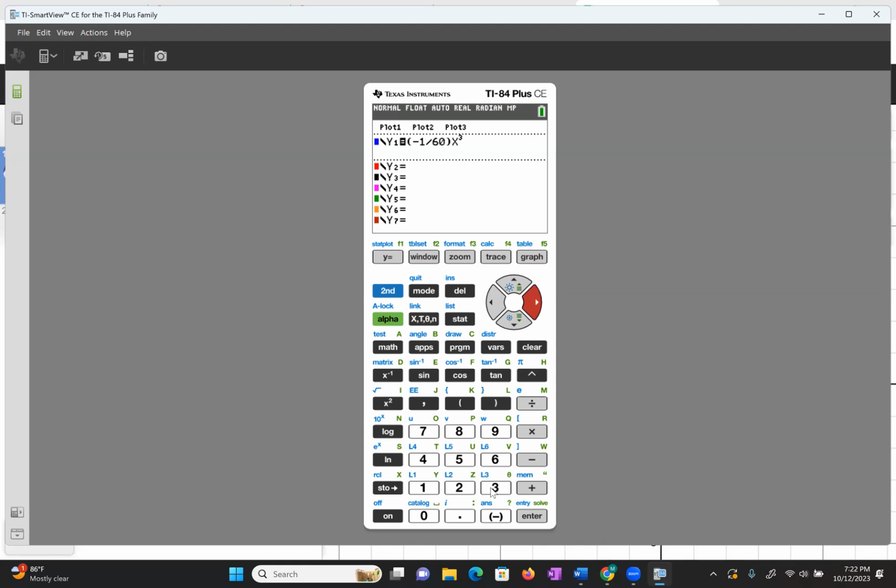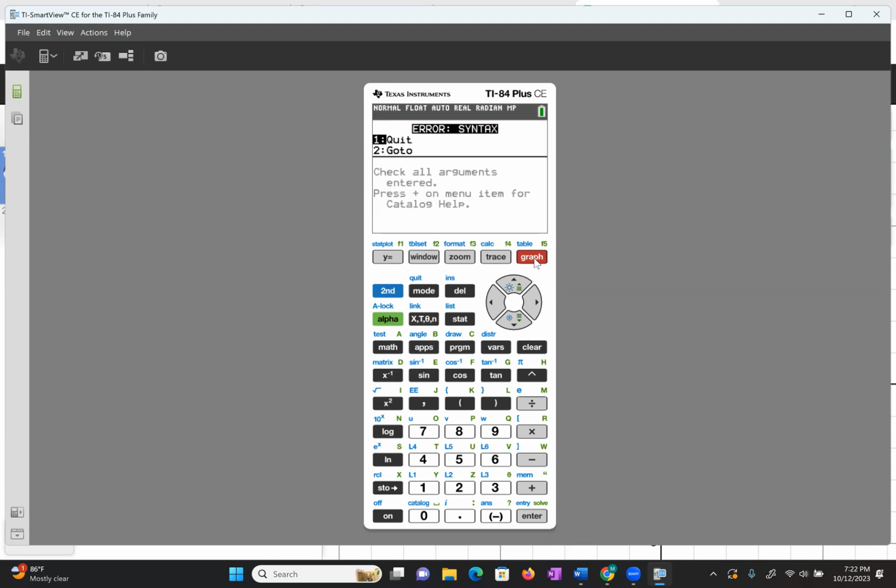It's not going to care. Minus q squared, so minus x squared. Let's see if I can show you what I'm trying to show you. Plus 85x and then minus 10. Fingers crossed that this shows.